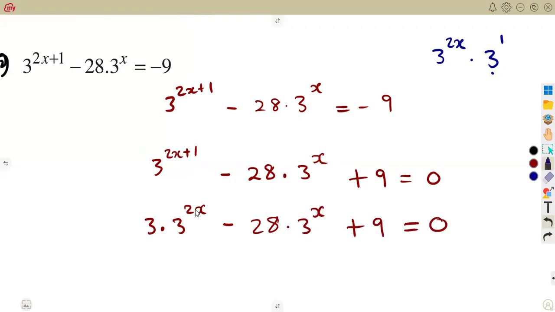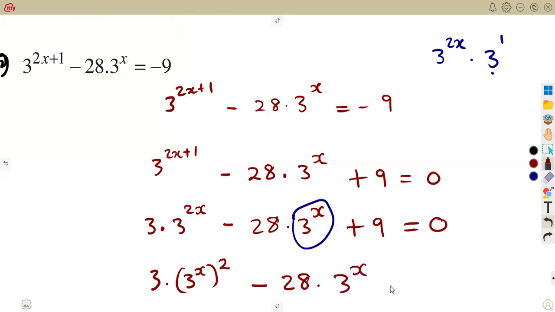Now we are used to this one, guys. 3 to the exponent of x. This is the same 3 to the exponent of x there. So we are going to write it as 3 times 3 to the exponent of x, raised to the exponent of 2 because of this, minus 28 times 3 to the exponent of x plus 9 is equal to 0.